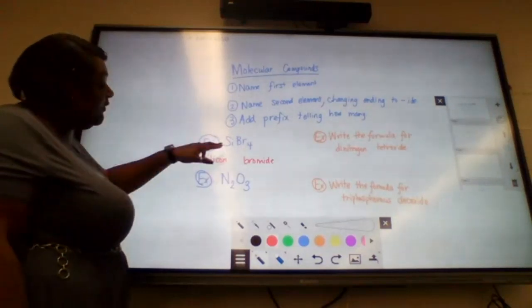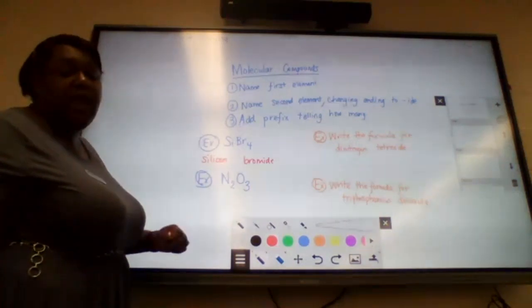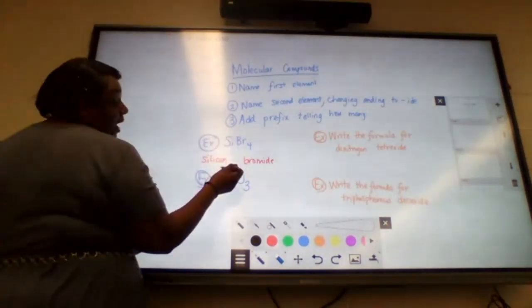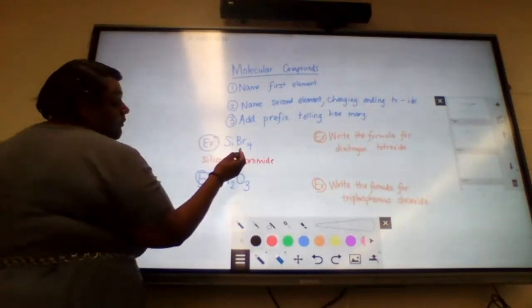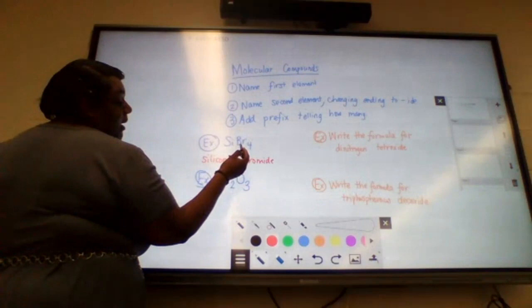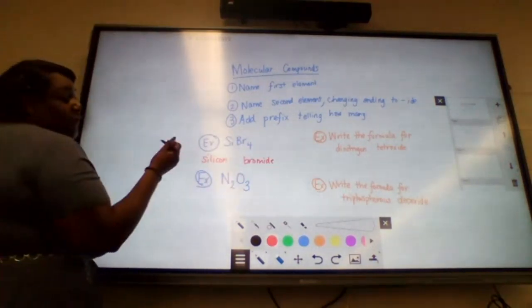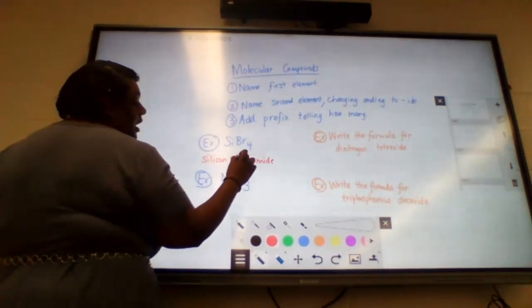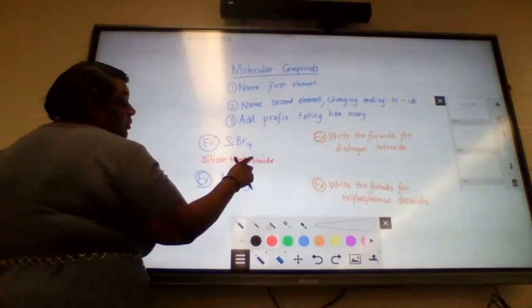With the first element, if you only have one, you do not have to include a prefix. But if you have one of any other element, you do have to have your prefix. So when I look at my bromide, I see that subscript is 4, and so the prefix I need for that one is tetra. And so the name of that compound would be silicon tetrabromide.